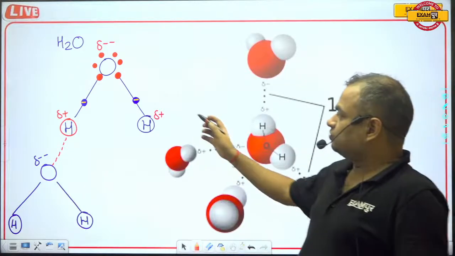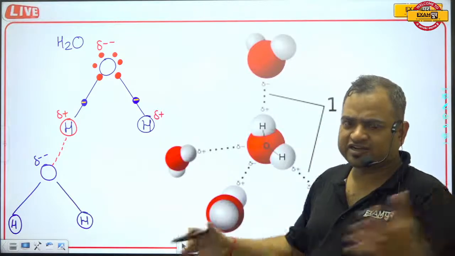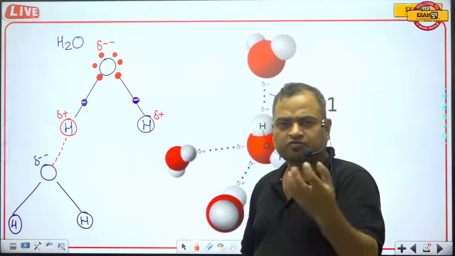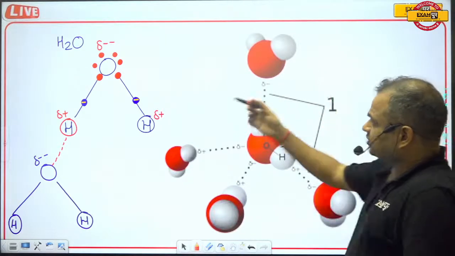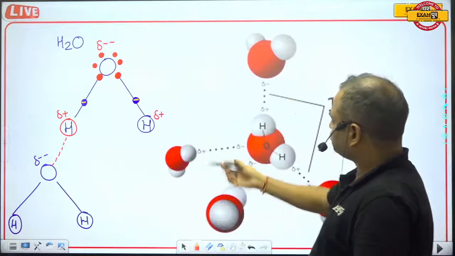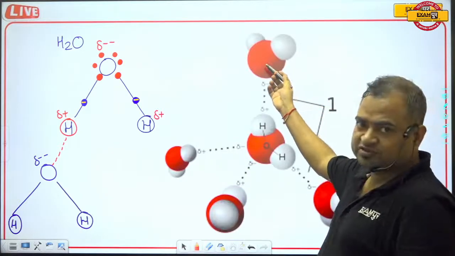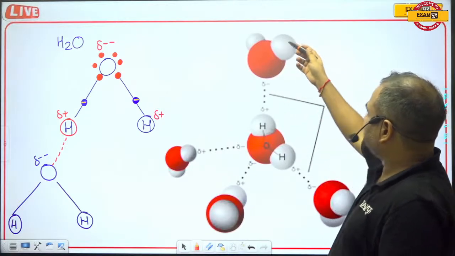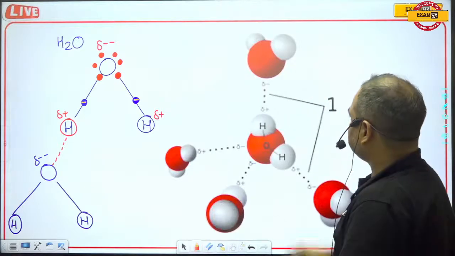And similarly thousands, lakhs, crores of molecules get connected to form a drop of water, to form bigger ice cubes. So actually water molecules have been shown like this. This red sphere has been shown for the oxygen, and these small gray atoms are hydrogens.